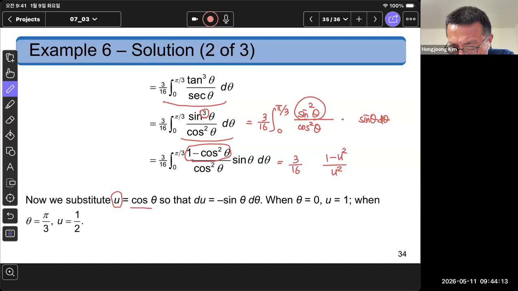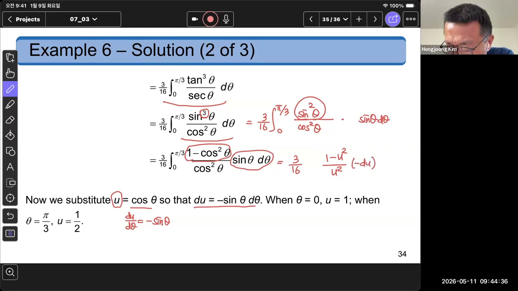And if u is cosine theta, du d theta will be minus sine theta, so that du will be minus sine theta d theta. So sine theta d theta will be minus du.